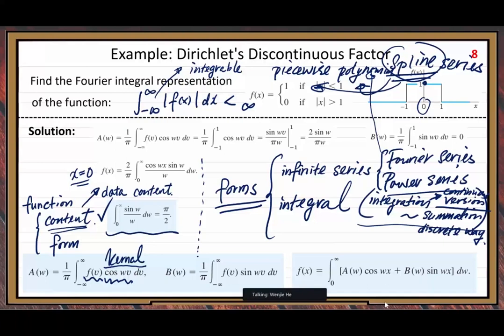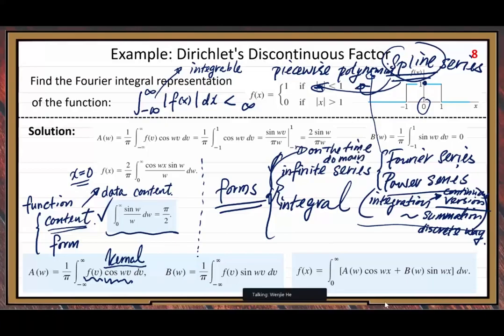All right. But still more here. These two forms, both work in the time domain. Time domain, what's that?